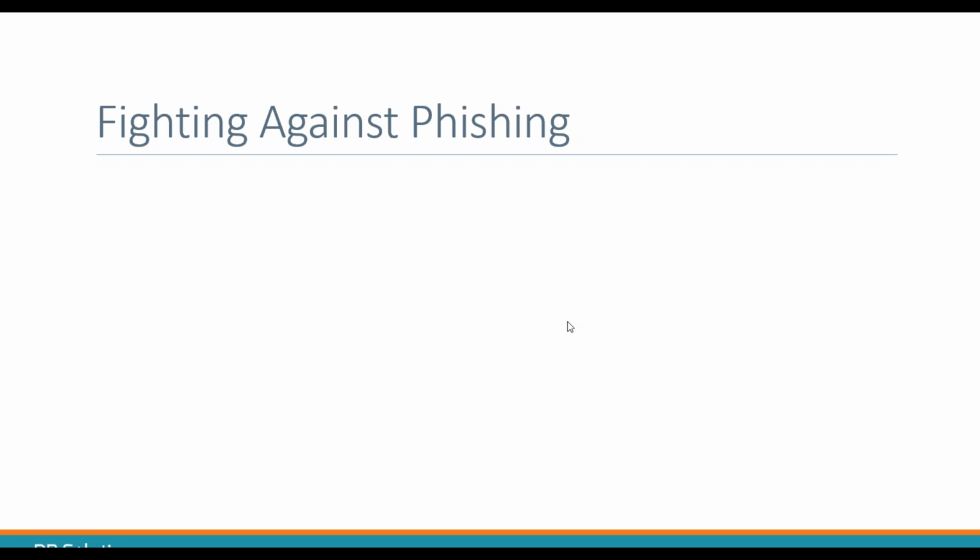Great. So fighting against phishing. This is very complicated because there isn't really a silver bullet to fight this. But there are things you can do to really minimize your risks. And I'm going to talk a little bit about the WannaCry attack. I imagine many of the people on the call today are familiar with what happened a few weeks ago.